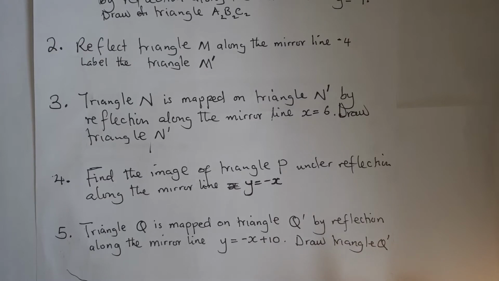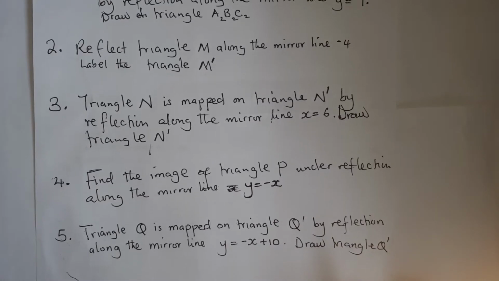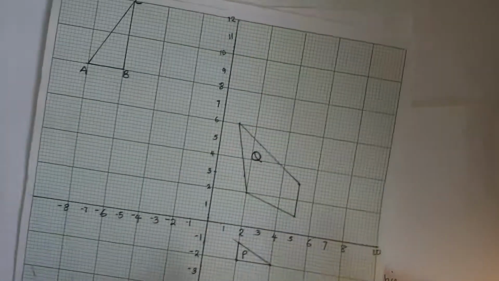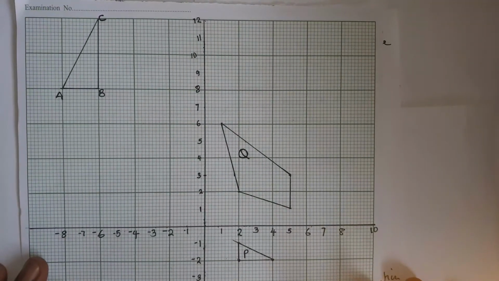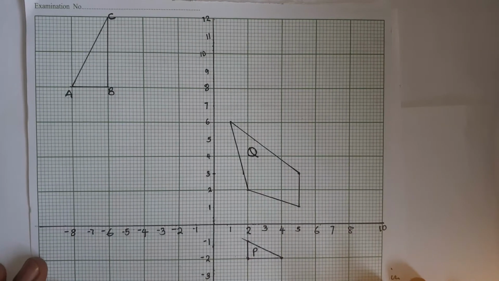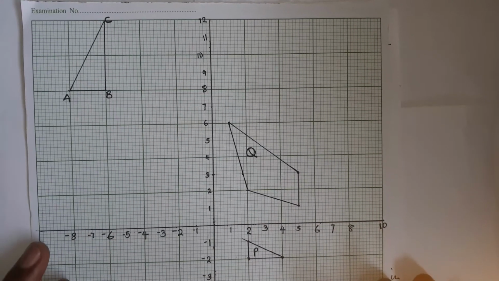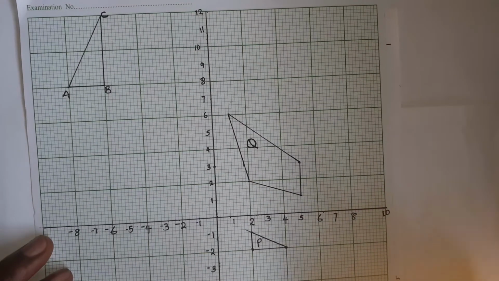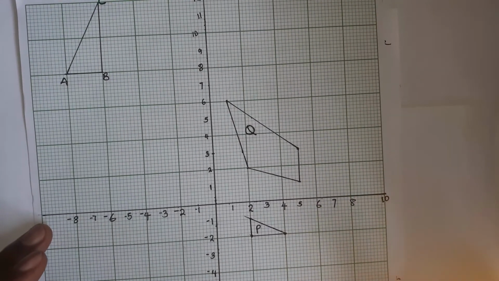After this, you need to draw this. Get a graph paper and draw all these things. The questions that I showed you refer to these triangles, or these diagrams that are drawn here.